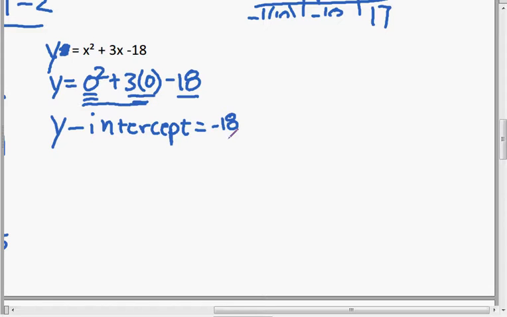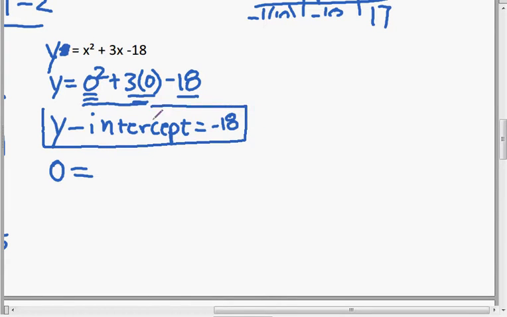Okay. Next thing you have to do is find the x-intercept. To find the y-intercept, you make x 0. To find the x-intercept, you make y 0. So now I say 0 equals x squared plus 3x minus 18, and I put a square around the y-intercept because it is part of my answer.